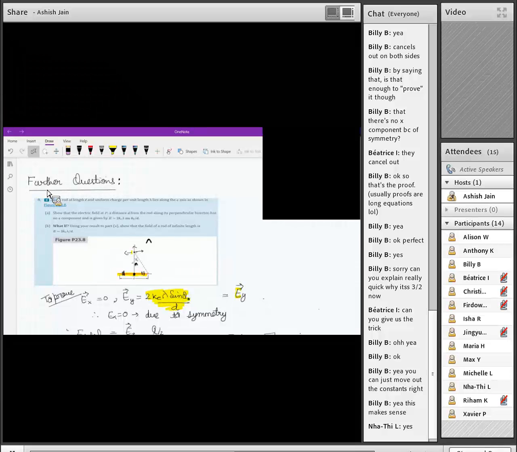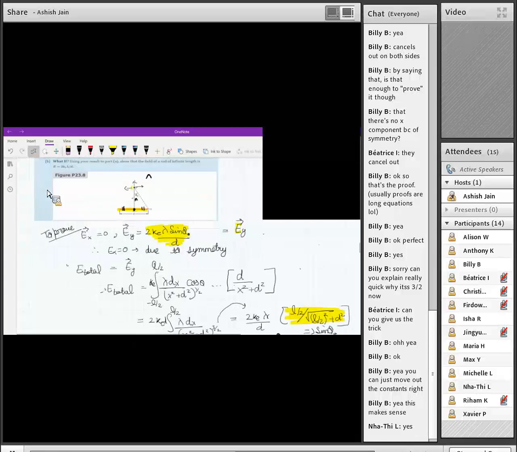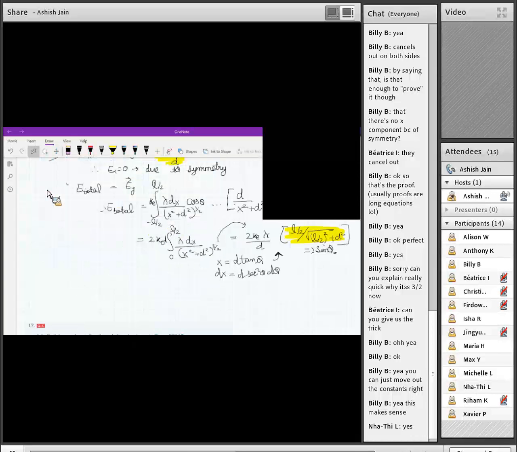Okay, what if your result from the previous part shows that the field of a rod of infinite length is E, if the length goes to infinity? Okay, if the length here goes to infinity, this is the length, then what should be the answer? Everybody agrees with this, right?